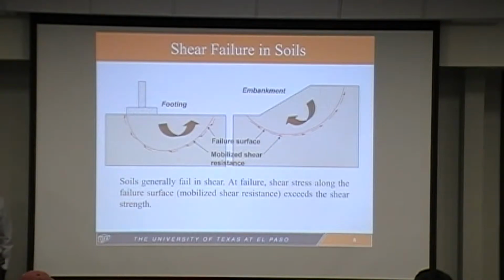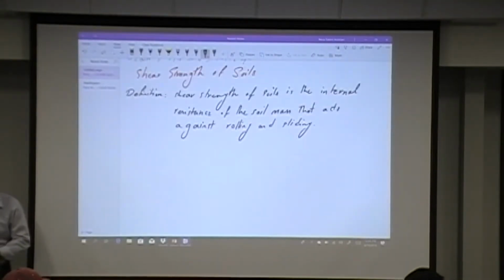Here we're looking at a footing and embankment, or looking at the failure of the slope. Notice that again we do have those failure surfaces there. And failure surface, if you want to write down the general definition, we also call this one failure plane.